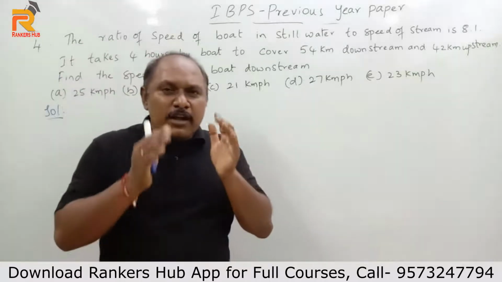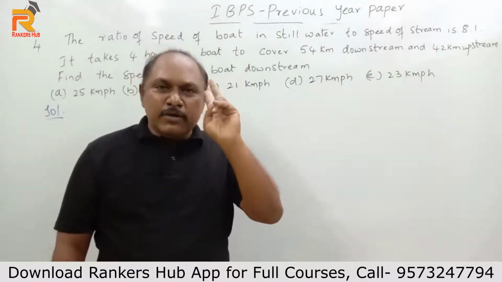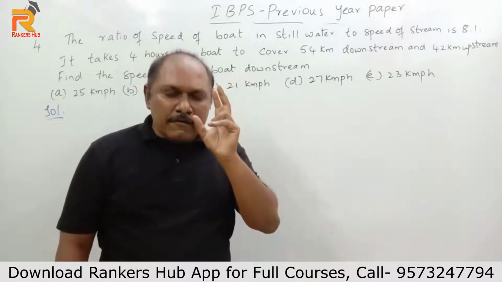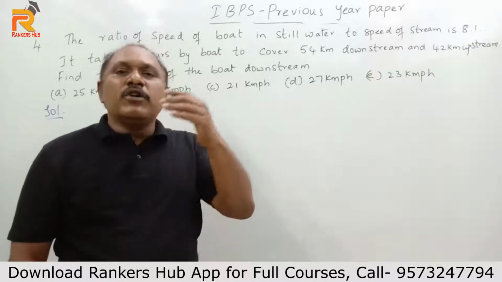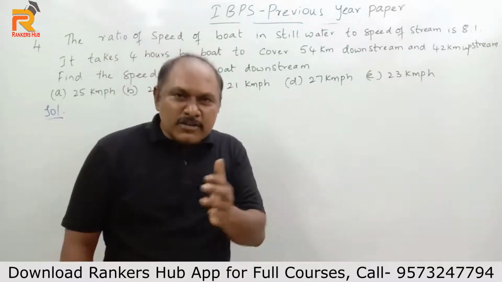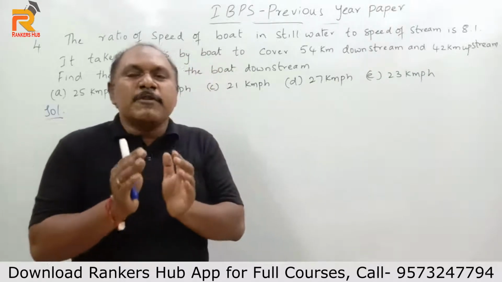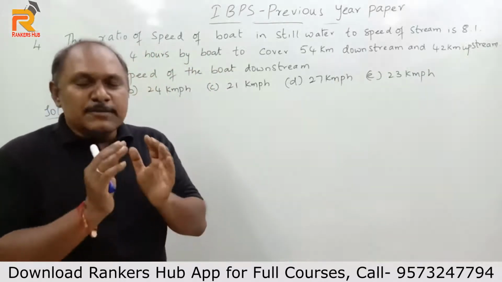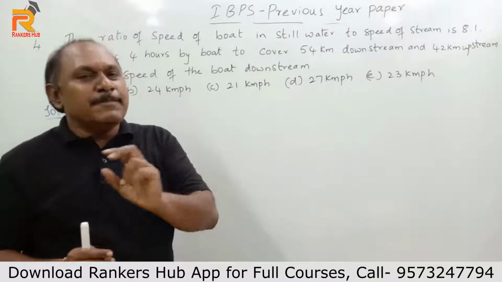Whenever we talk about the topic of boats and streams, two terms we need to remember carefully. One is the speed of the boat downstream, the other is the speed of the boat upstream. Speed downstream would be the sum of the speed of the boat and the speed of the stream, and speed upstream would be the difference of the speed of the boat and the speed of the stream.